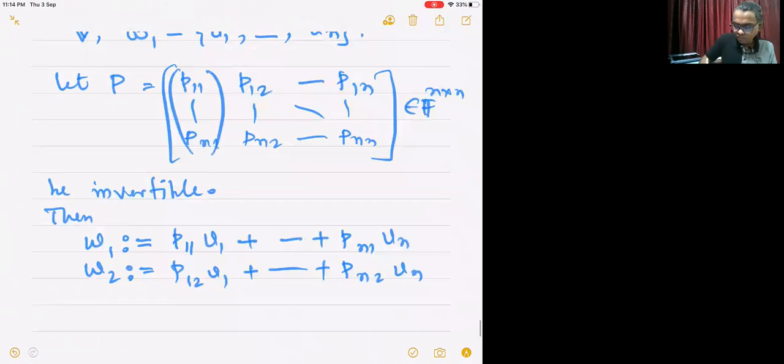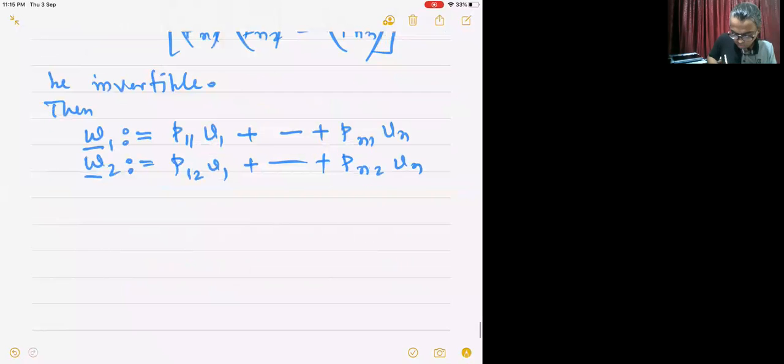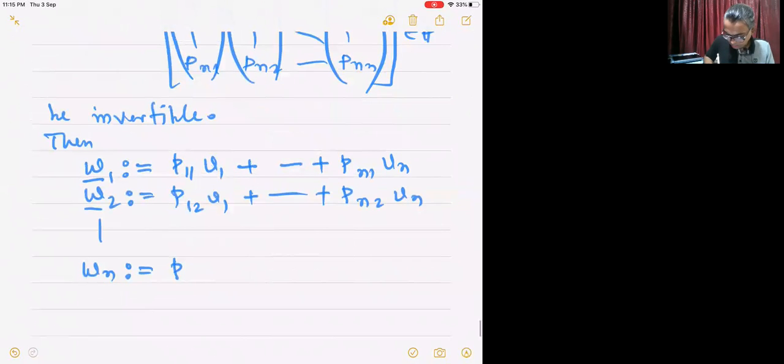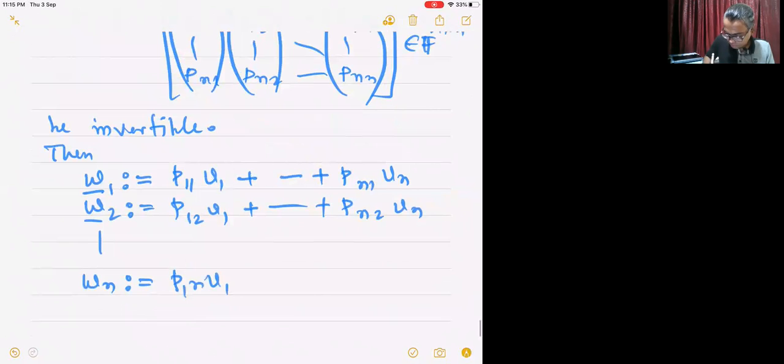I'm picking each column and looking at the corresponding linear combination, finding the vector for which this first column is the representation under the basis B1. Then looking at the second column, finding the vector for which this is the representation, and so on. So that is how I'm getting these W1, W2, and so on up to Wn. This will give me P1n V1 plus dot dot dot up to Pnn Vn.